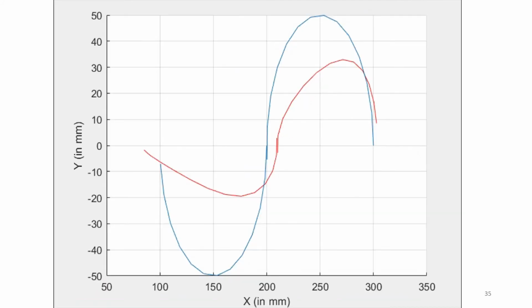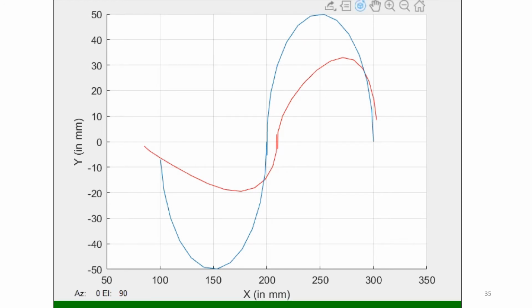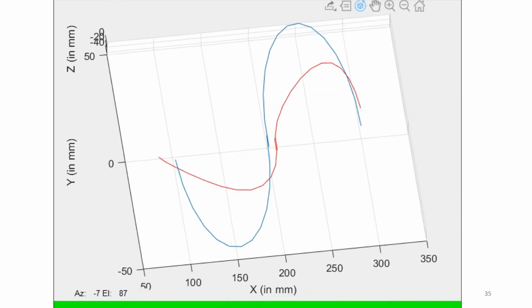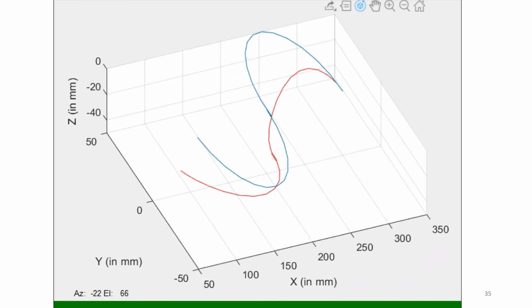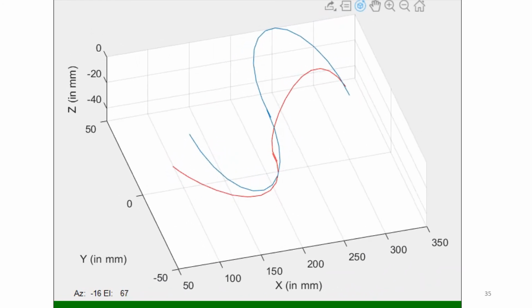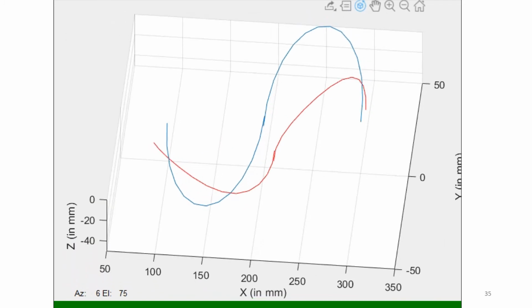For S path. The original path is shown in blue and the path generated using RRT algorithm between intermediate points is shown in red.